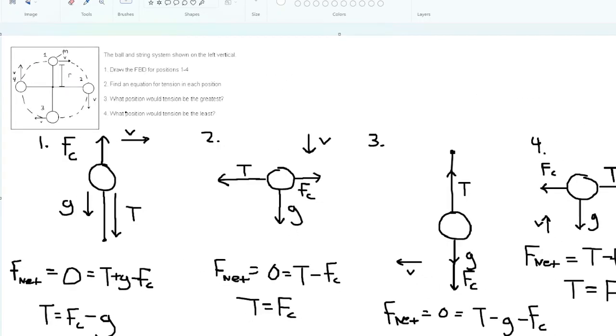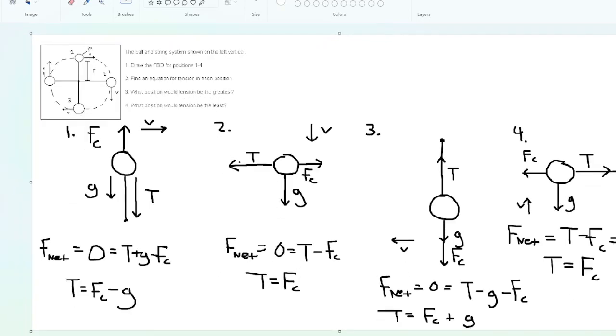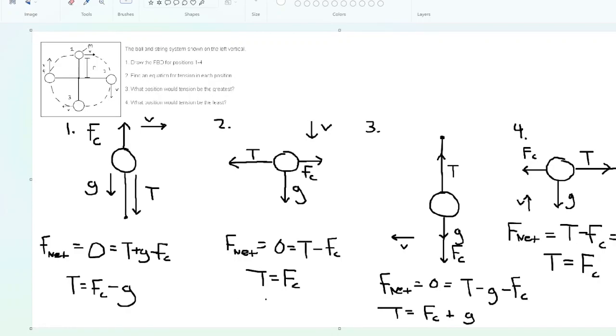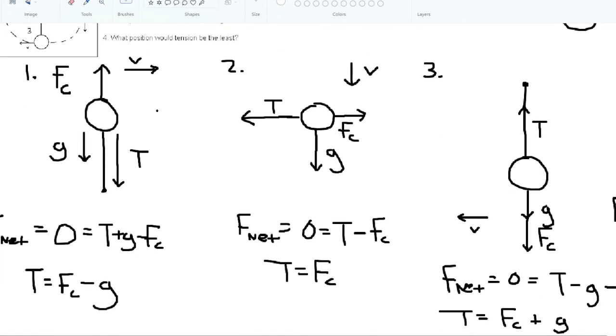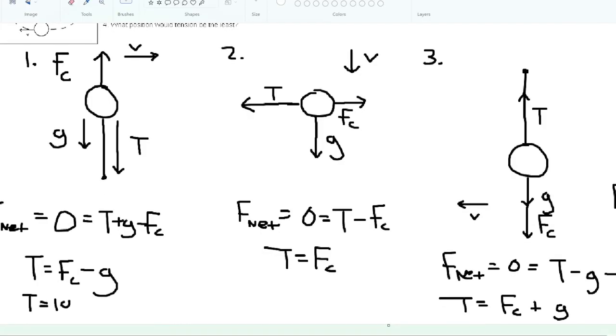Okay, so what position would the tension be the greatest? How would you solve for this? If you want to solve for it quantitatively, what you can do is assign values to force centripetal and gravity. So if you give force centripetal maybe 100 newtons and gravity 50 newtons, right here, tension will be equal to 100 newtons minus 50, which is equal to 50 newtons.